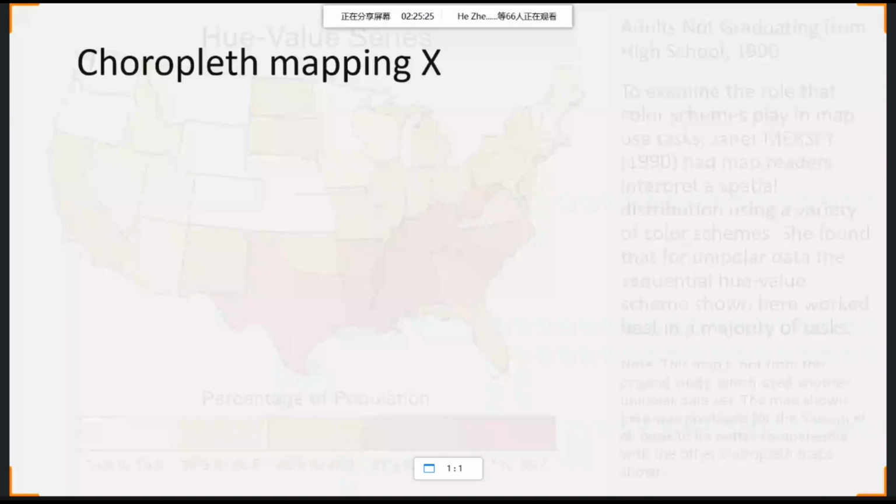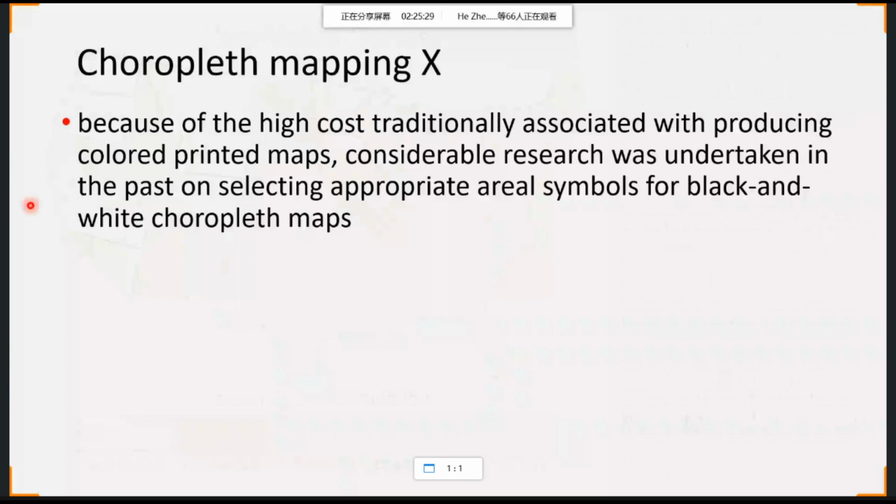Because of the high cost traditionally associated with producing colored printed maps, considerable research was undertaken in the past on selecting appropriate aerial symbols for black and white choropleth maps. Of course, today we have this problem not so much, especially if you produce maps for displays, for computers.